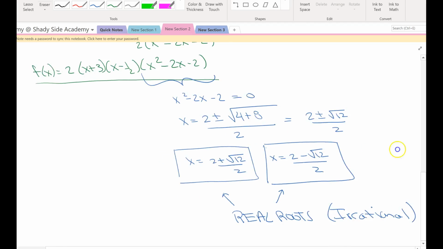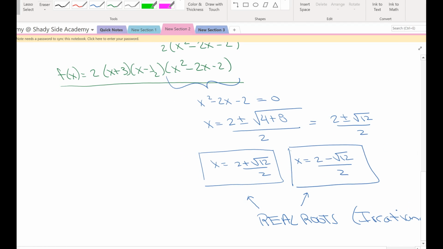All right, so let's take a look here. Let's make my work nice and neat. Final roots, the roots of f of x, are right here. x equals 2 plus radical 12 over 2. x equals 2 minus radical 12 over 2. x equals negative 3. x equals 1/2. Look at that, everybody.